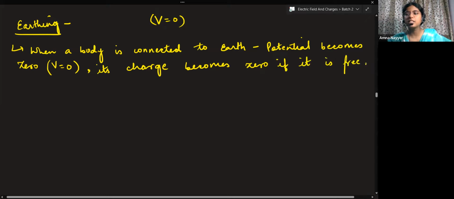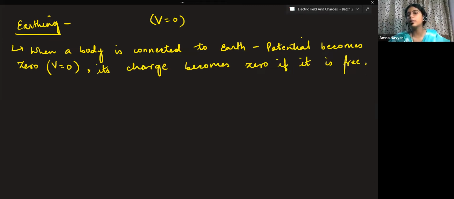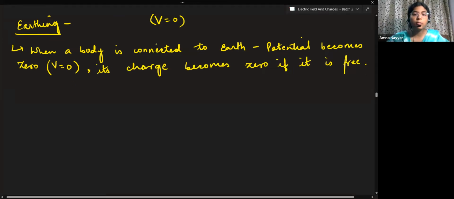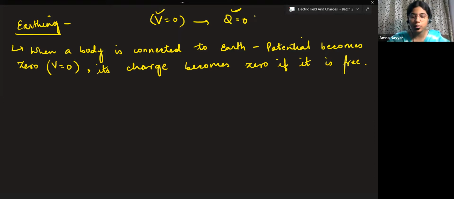If the charges are free, all the mobile charges will be able to transfer. So remember, if V becomes zero, then Q becomes zero. You don't know what V is yet, but you know what Q is. So whenever a body is connected to earth, potential will be zero, as a result of which charge will be zero.